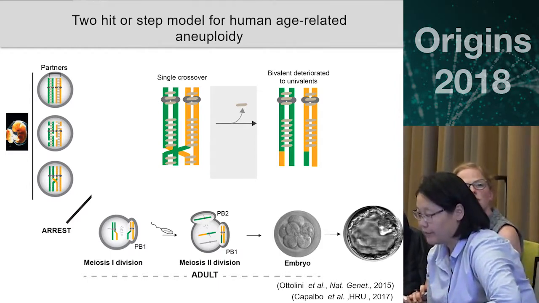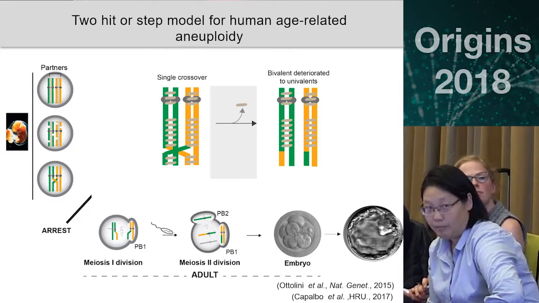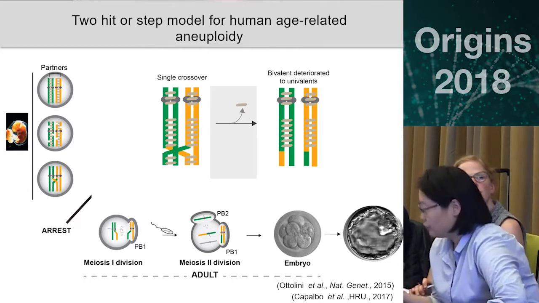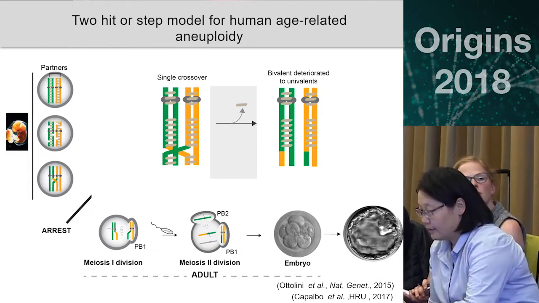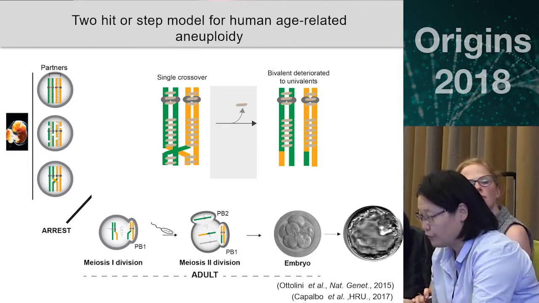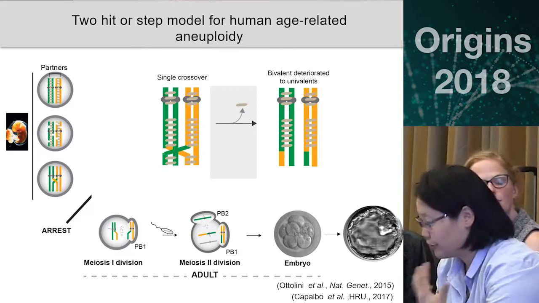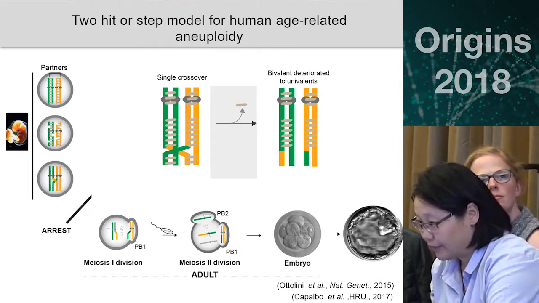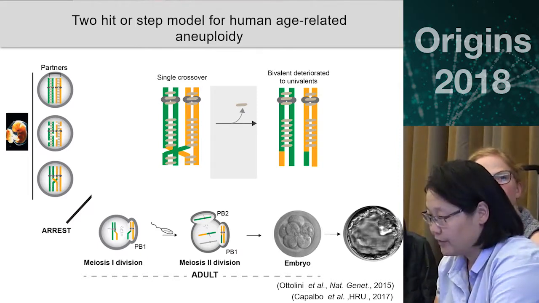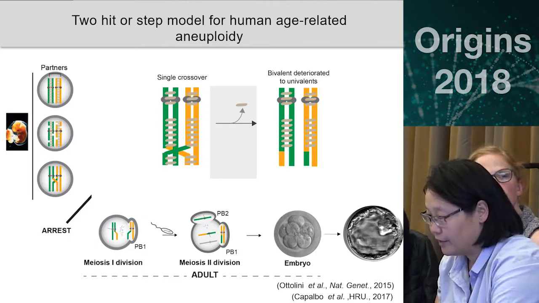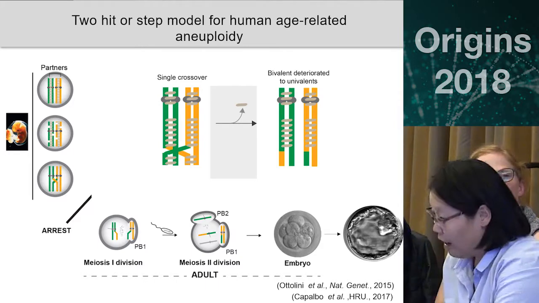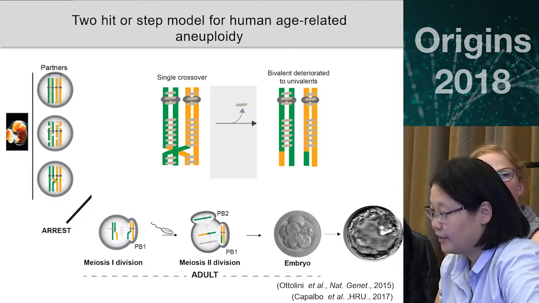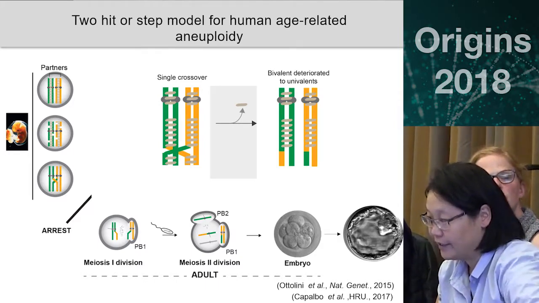So we're talking about an arrest lasting 13 to 51 years in human females. The second meiotic division then occurs upon fertilization when the sister kinetochores segregate. And the thought is that if you, for example, have a single crossover and you have cohesion loss over time along the arm, you'll end up with the bivalent deteriorating into univalents.